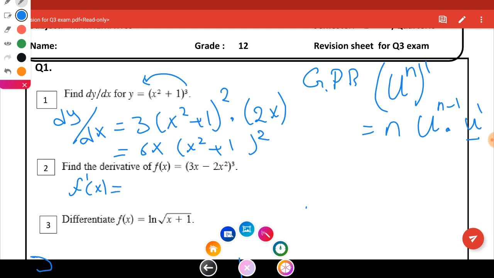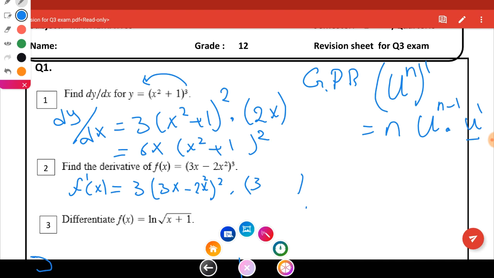I'd like to tell you that the model answers of all of the worksheets, the revision sheets, are already posted on LMS. Apply the rule: power, multiply the bracket decreased by 1, multiply by what is inside the bracket, the inner function.